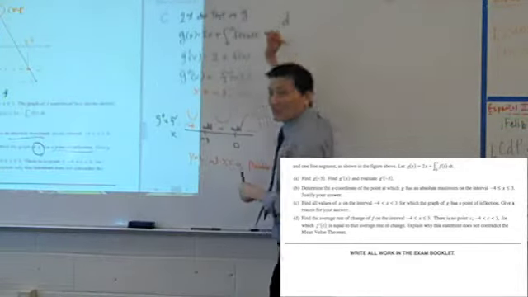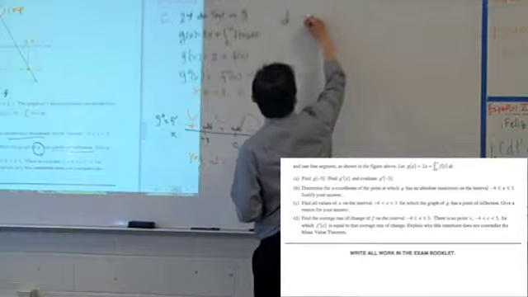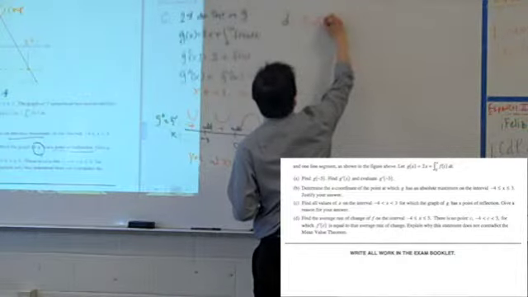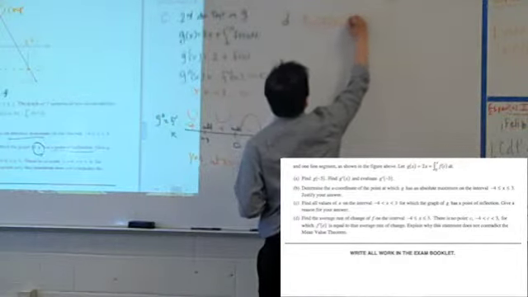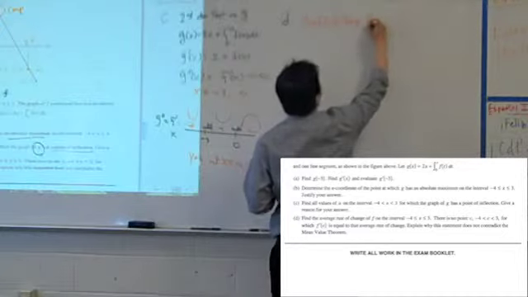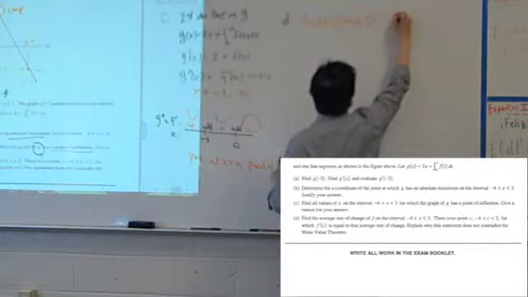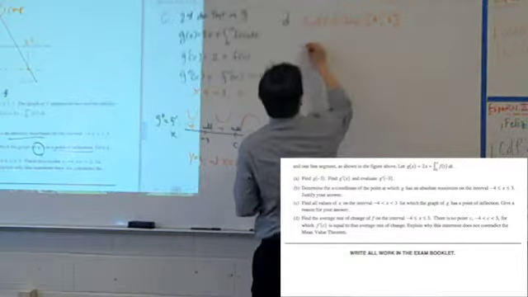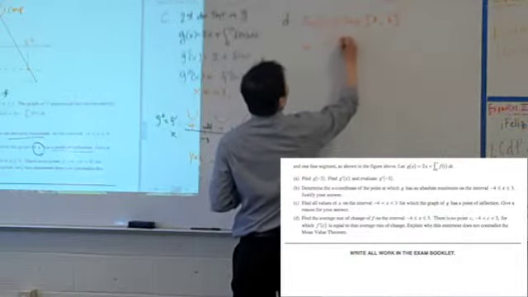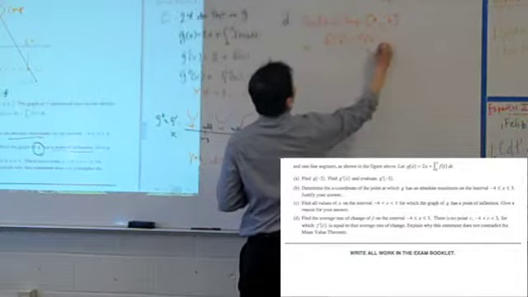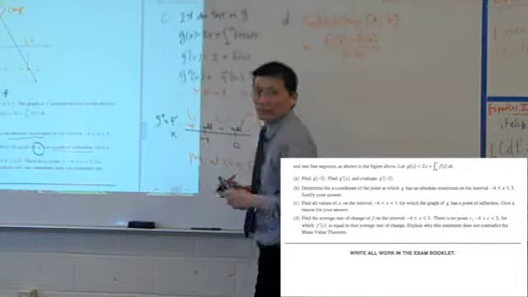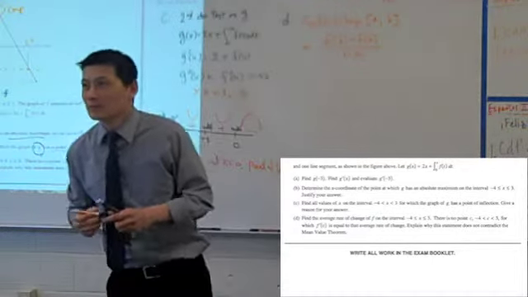You remember back in chapter 1 when we said average rate of change between, say, one value A to another value B in the domain, this is equal to f of B minus f of A over B minus A. Right?